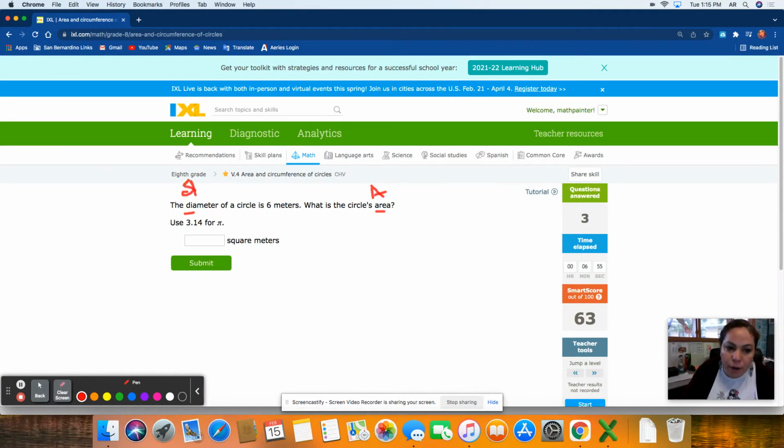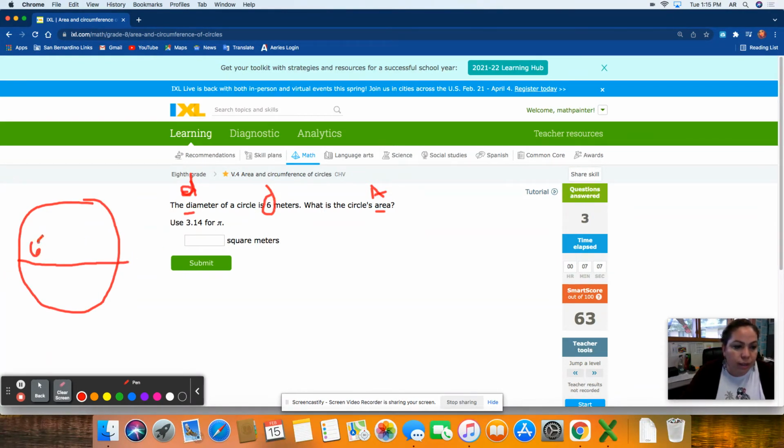But by knowing the D, which is 6, and I'll put a figure right here, there's a circle. The diameter, the whole line, equals 6. That equals D.